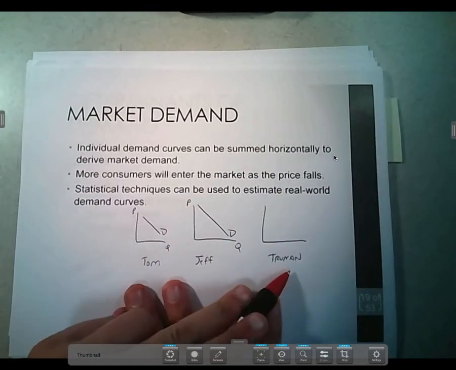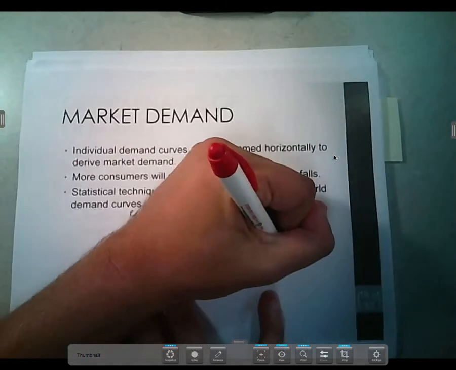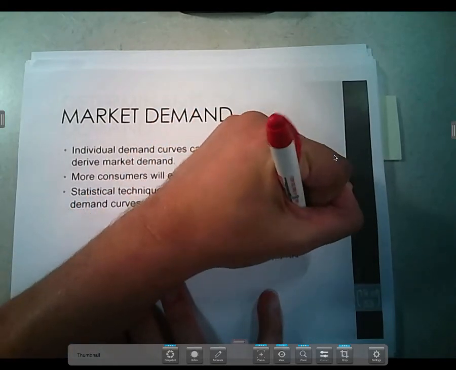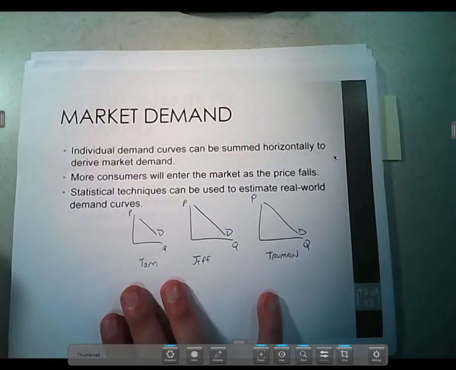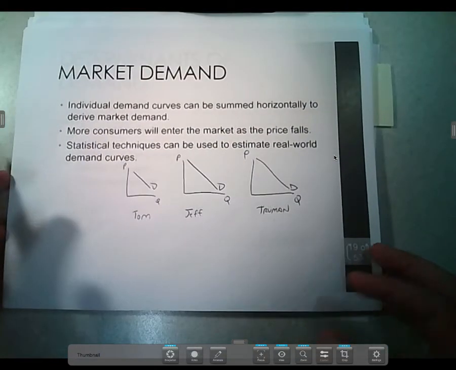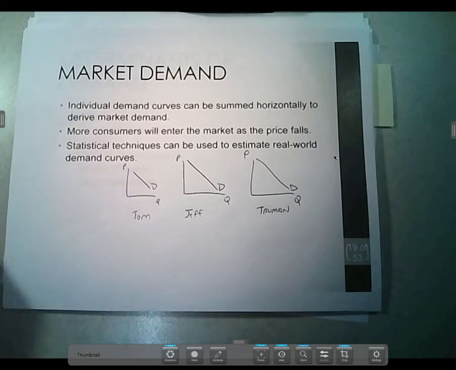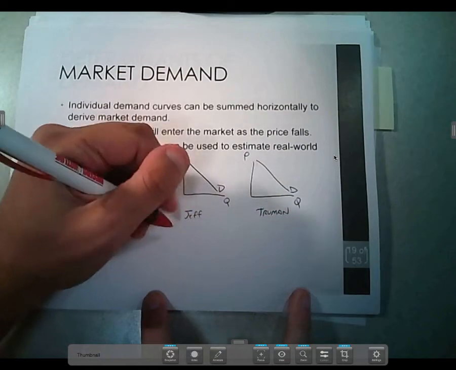Here's his demand curve. My son Truman, here's his demand curve. He doesn't really have demand, he's 2. The idea here is that here are 3 individuals all needing pens. He doesn't really need pens.